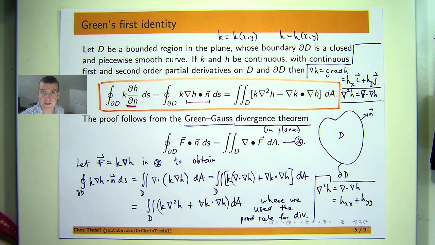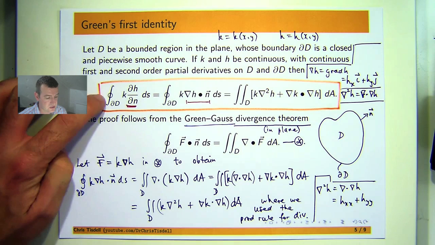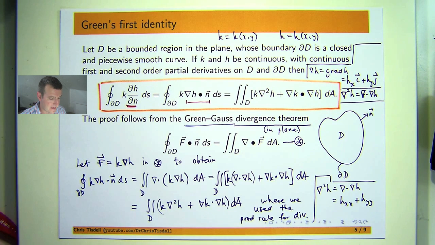And in particular, in other videos, we'll look at how to apply that to ensure the boundary value problems have at most one solution. You can think of Green's first identity as some sort of integration by parts type fundamental theorem of vector calculus.